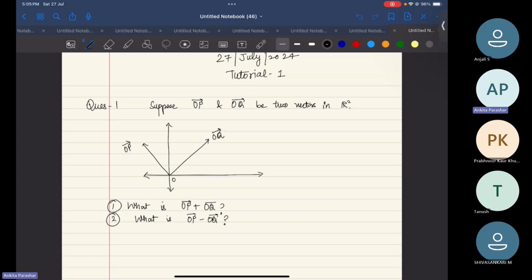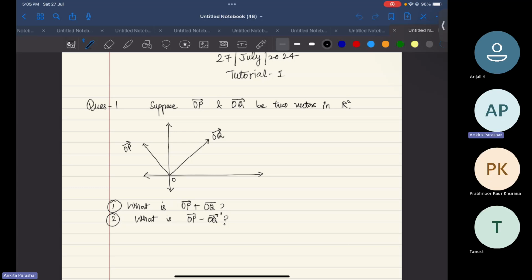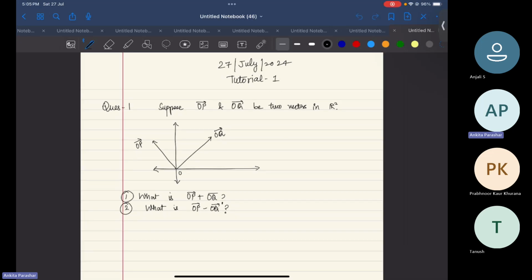Since we do not know explicitly what these vectors are, but we have some geometric representation, we want to see the sum. How does the sum look on the Cartesian plane, and how does the difference look? Can any one of you help me see this?